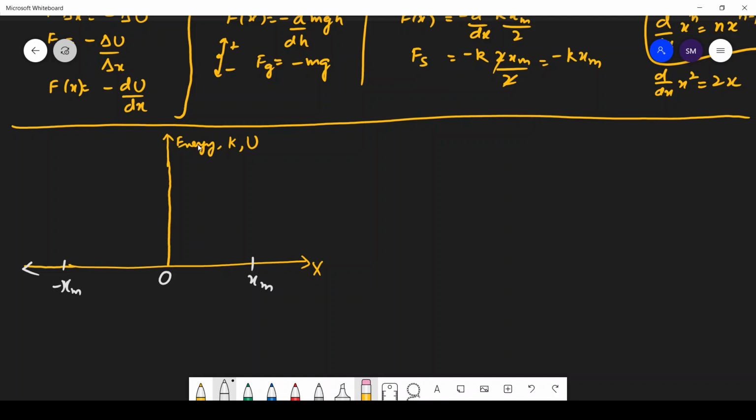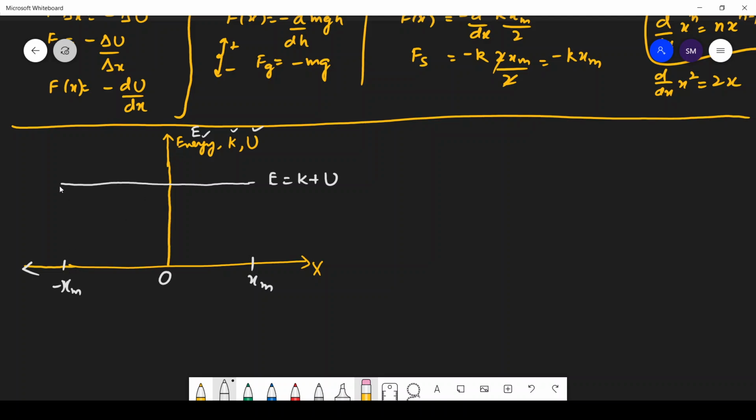Now let us draw the graphs of 1, 2 and 3. Obviously, first is the total mechanical energy, which is E. So E is equal to kinetic energy plus potential energy. That will be the same. So this is the graph of that straight line, because this energy is constant.